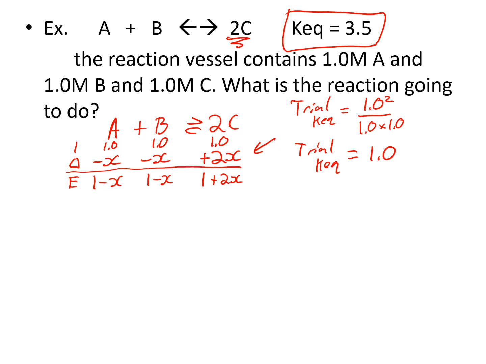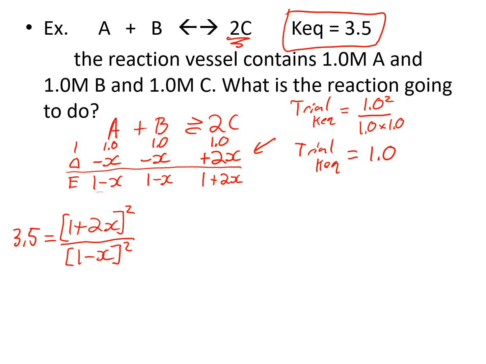So I'm then going to put in my KEQ expression, which is going to be C squared over AB, or in other words, 3.5 equals 1 plus 2x, and please remember that that is squared, over 1 minus x, and please remember, since we have 2 of them, we can simply say that it's squared.